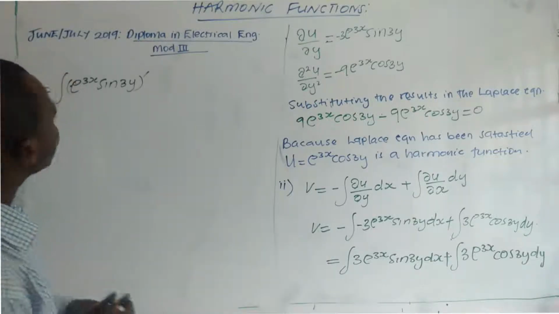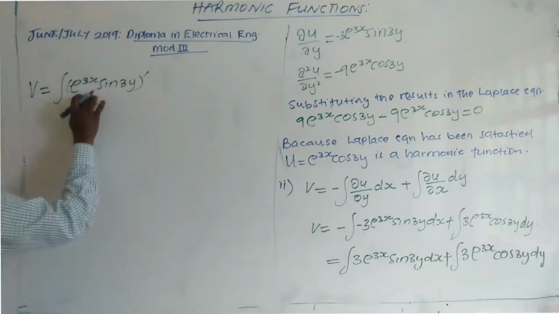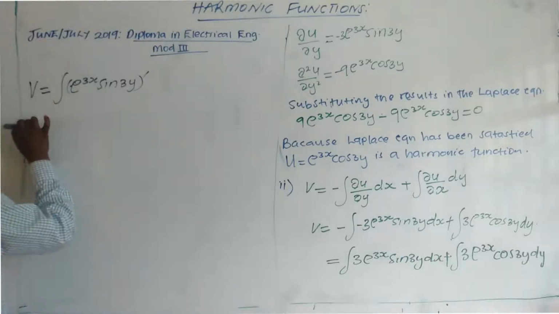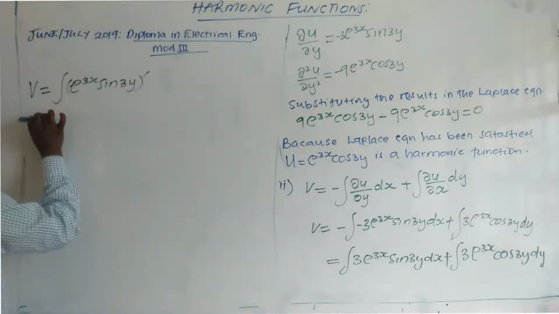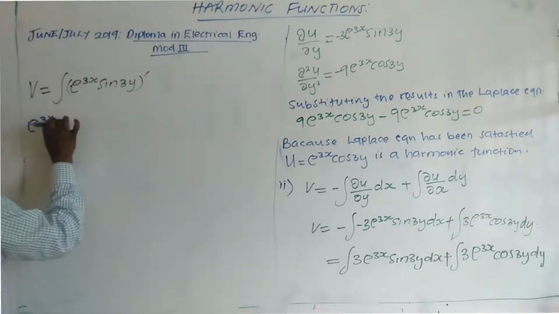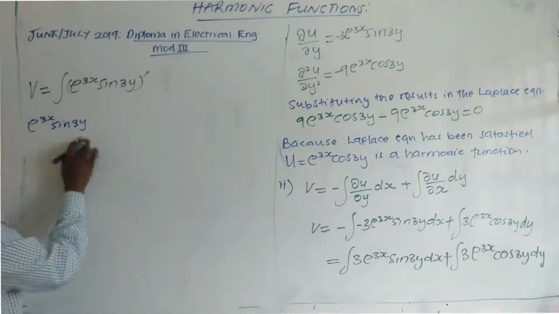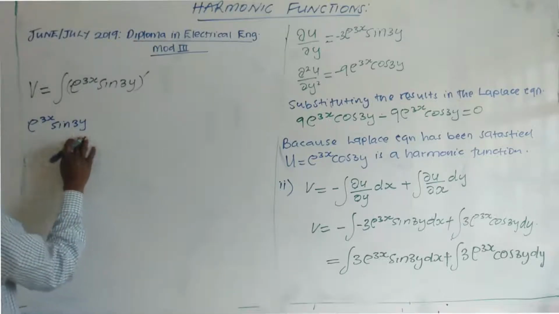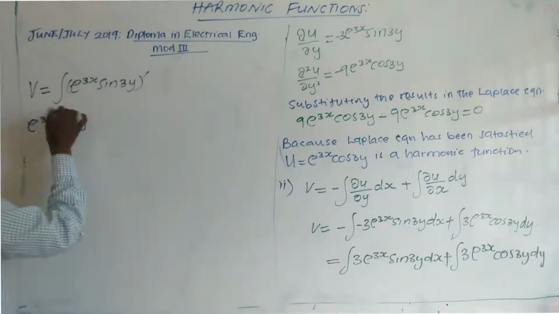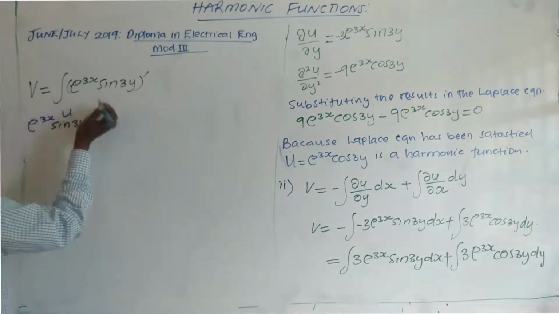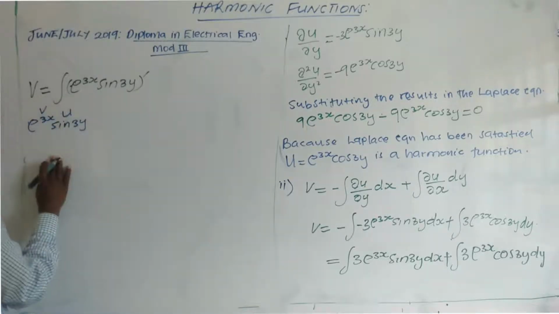differentiation by product rule. If you take this exponential 3x sine 3y, to differentiate it, you need to use product rule. You can call this one our u, for example, and this one our v.